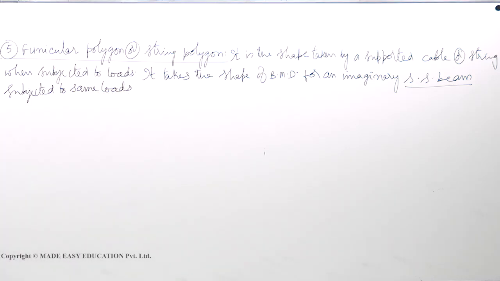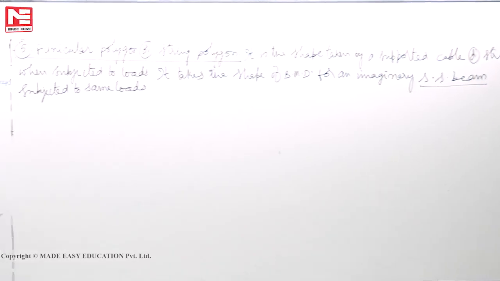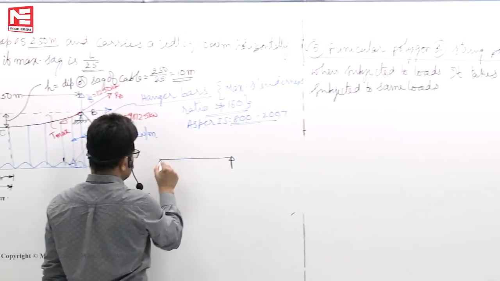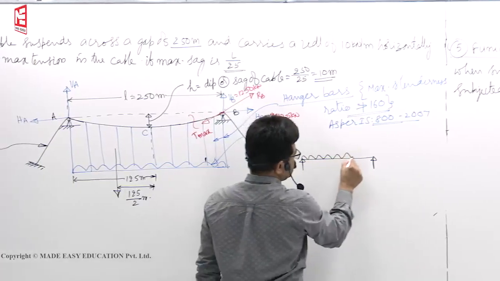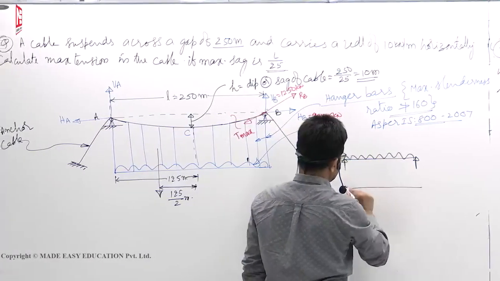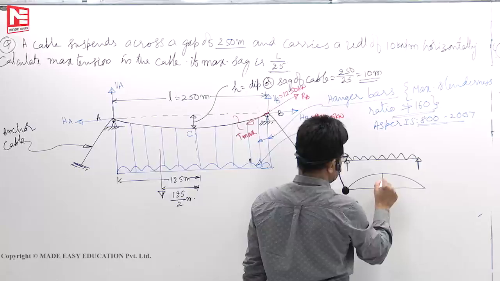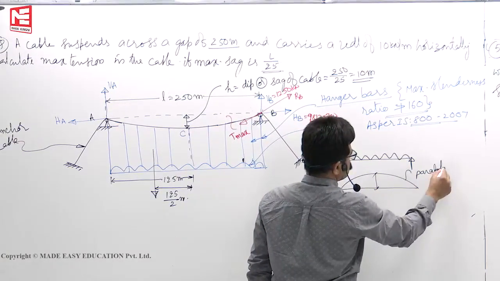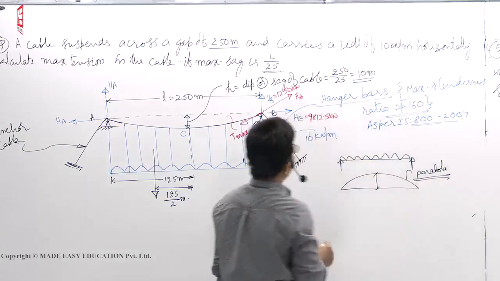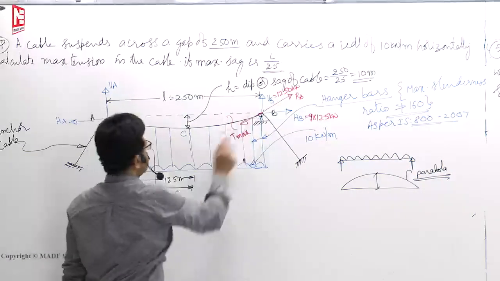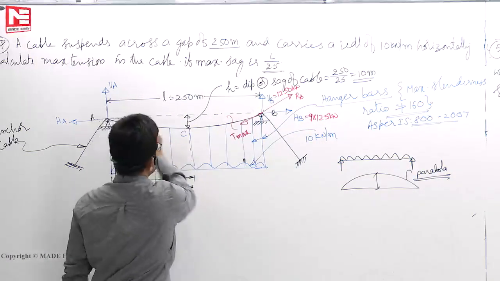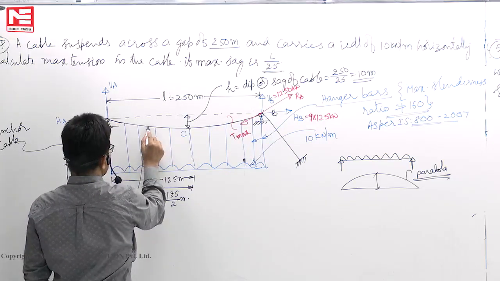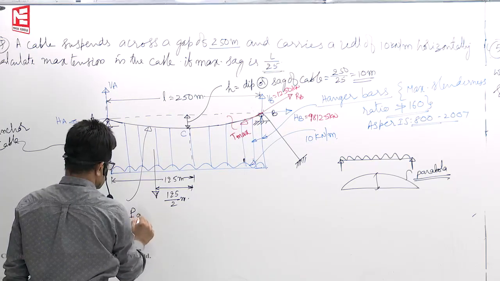If you recall the strength of materials you have studied, a simply supported beam subjected to UDL has a bending moment diagram that is a parabola. Now, if a cable is subjected to UDL, the shape of the cable is also a parabola.